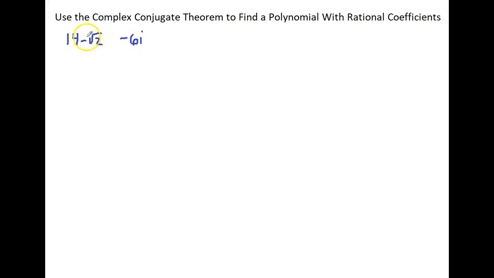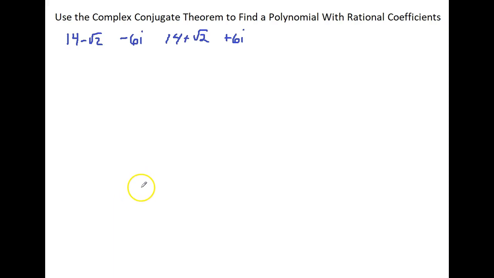So what does that mean? Just change the sign of what's in between here. So the other two are going to be 14 plus radical 2 and positive 6i.